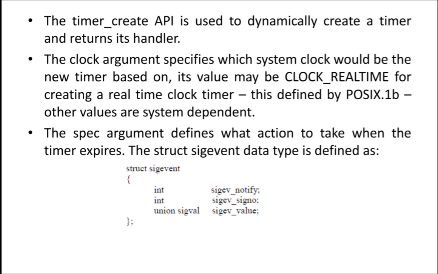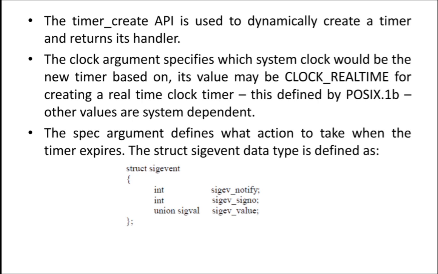This is defined by POSIX.1b, right? If multiple system clocks are supported, you can use the clock argument to tell which system clock you are going to use for the new timer, right?